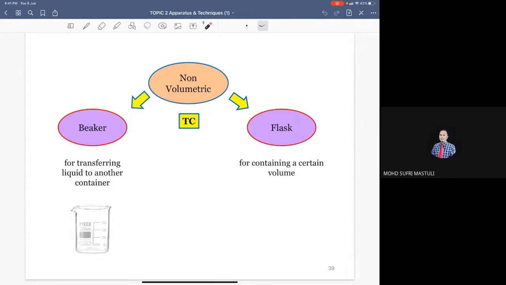Normally we use a beaker, but a beaker can only be used for transferring liquid to another container. This is non-volumetric glassware. We can use a beaker to measure the volume of a solution, but this is incorrect. Normally we use the beaker to store the solution or to transfer it to another container.